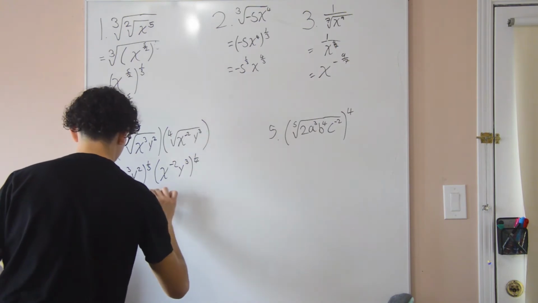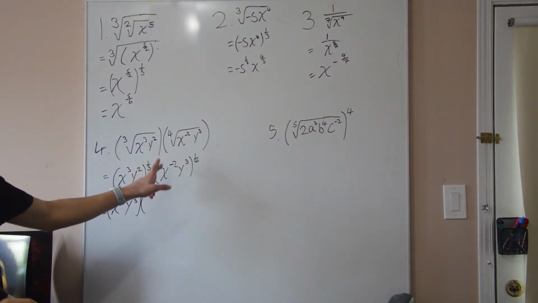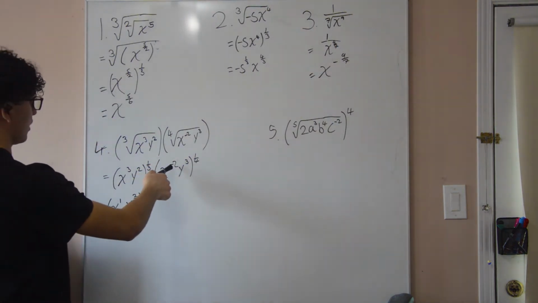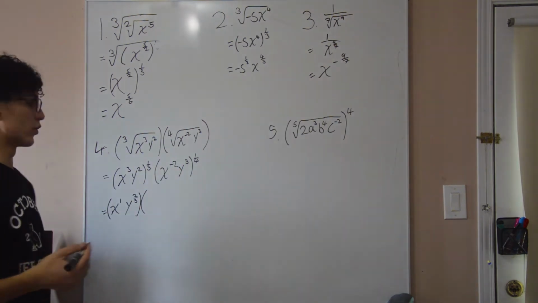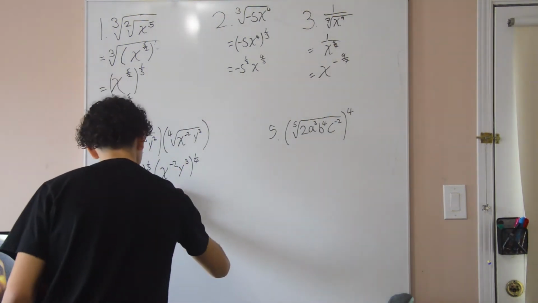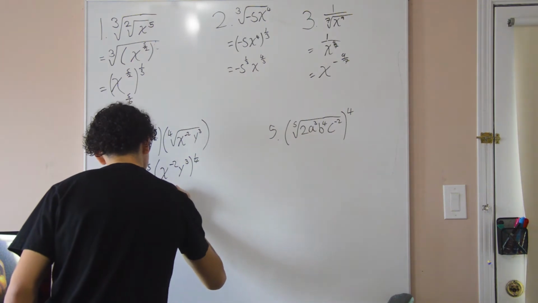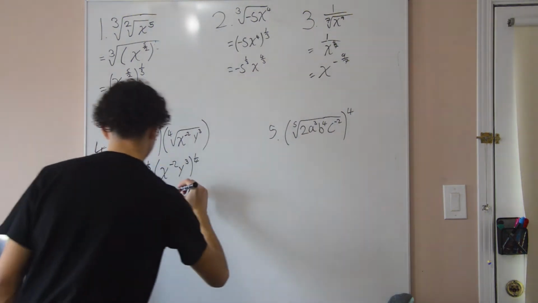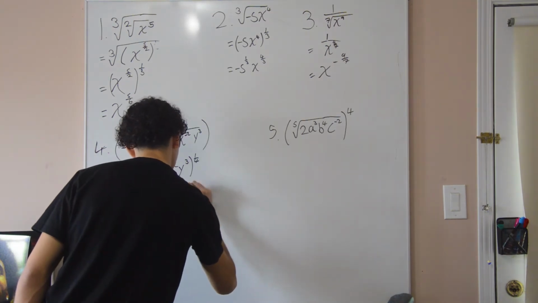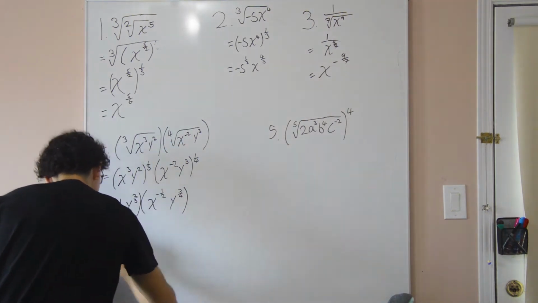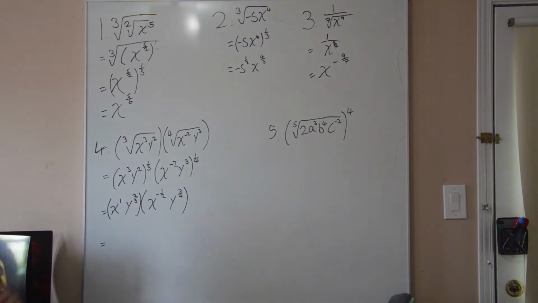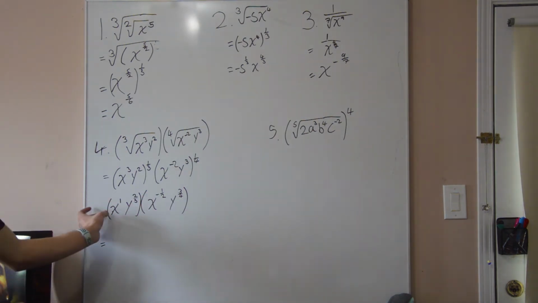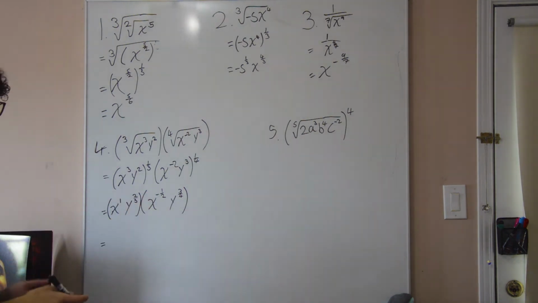And we're multiplying that by this. So now let's do the same thing here. Negative 2 times 1 over 4, well, becomes negative 1 over 2. So x to the negative 1 over 2. And then 3 times 1 over 4 is 3 over 4. So from here, now we're just multiplying with the same base, so we can add our exponents.